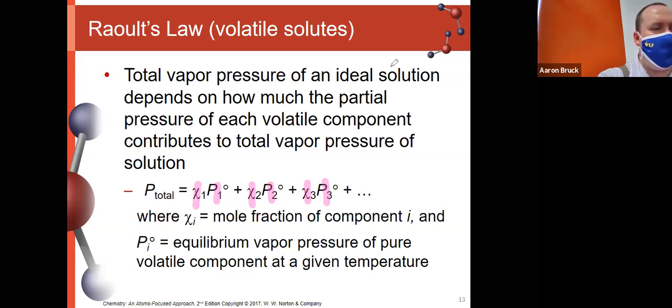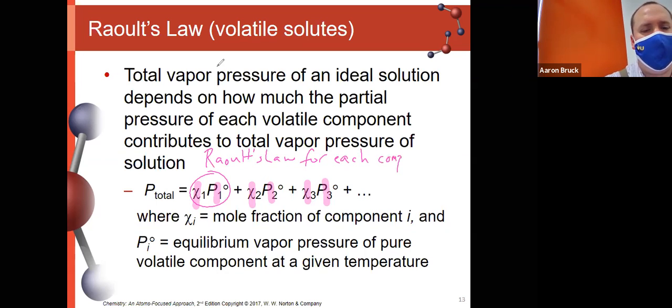So individually, each one of these would represent an application of Raoult's law for each of the components.